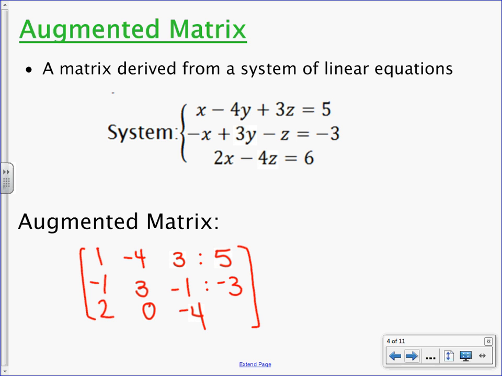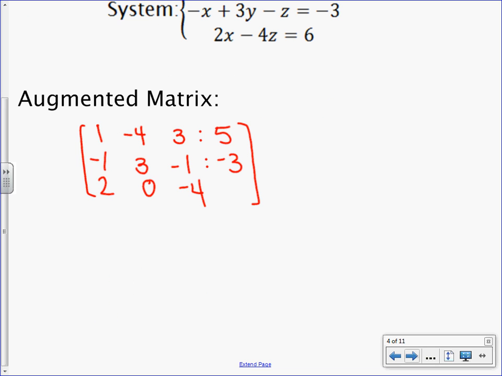And 2x plus 0y minus 4z equals 6. So we've taken a system of equations and put it into an augmented matrix. We call it an augmented matrix because we have this extra column with those colons separating the two. It's augmented with what those coefficients are equal to.